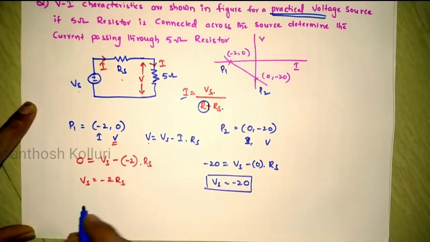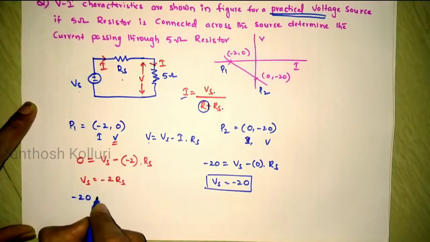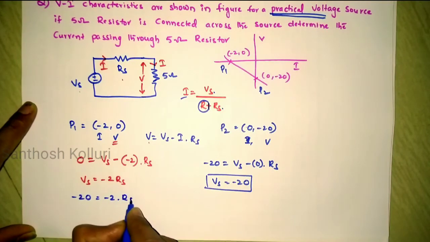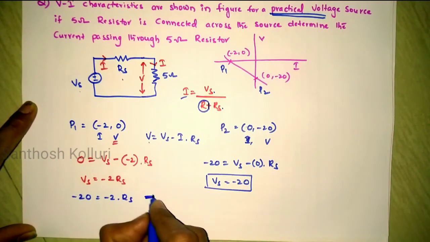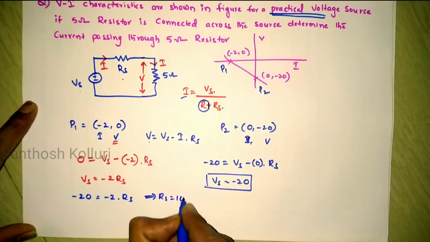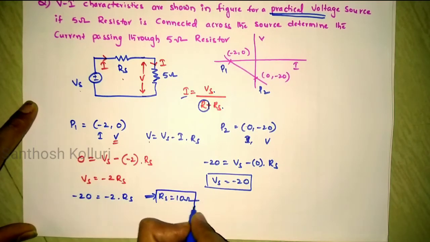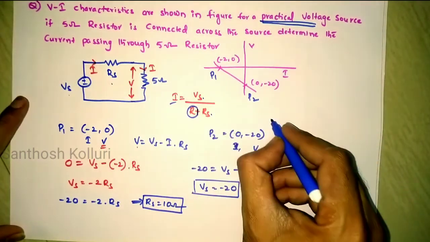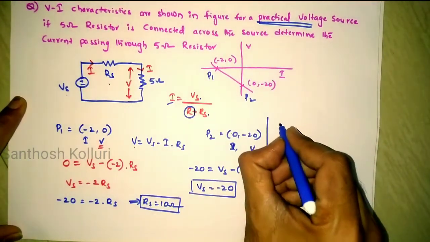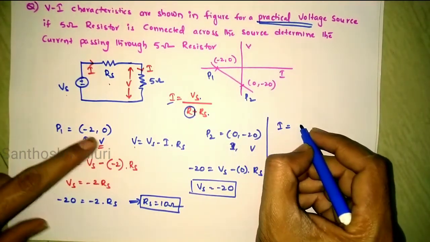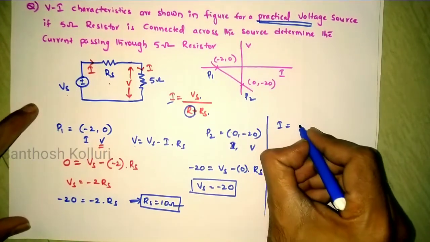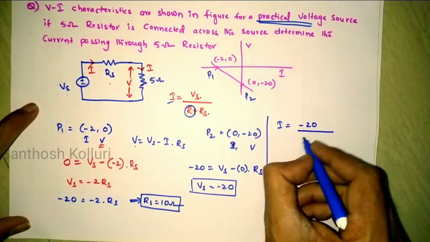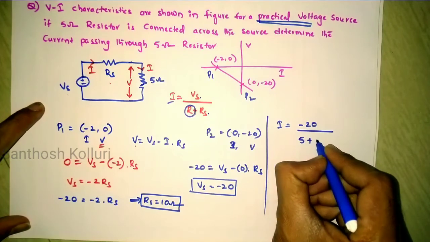If I substitute here, minus 20 is equal to minus 2 into Rs. So the Rs value will be 10 ohms. And if I substitute this, I is equal to Vs, which is minus 20, divided by R, which is 5 ohms, plus 10 ohms.